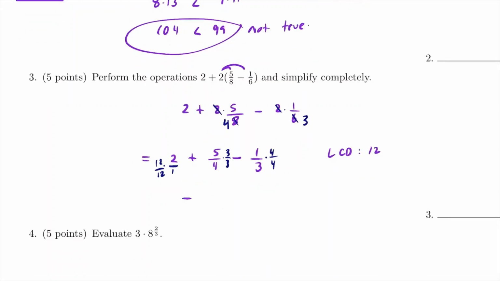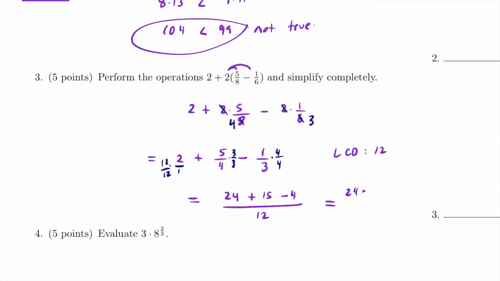And then this will give us 12 times 2, that's 24, plus 5 times 3, that's 15, minus 4 times 1, 4, all over 12. And now we can combine the top. 15 and -4, that's 11. So we get 24 plus 11 over 12, which will give us 35/12. And that is the simplified answer, so we can leave it right here.